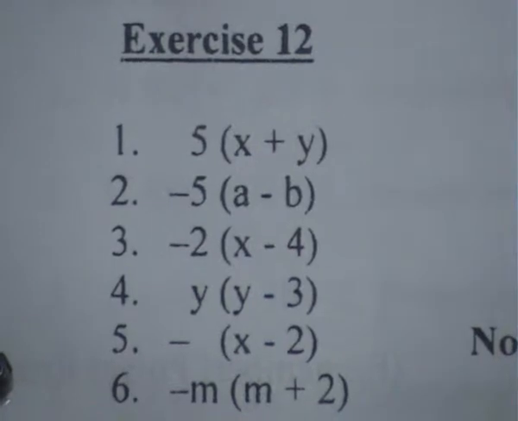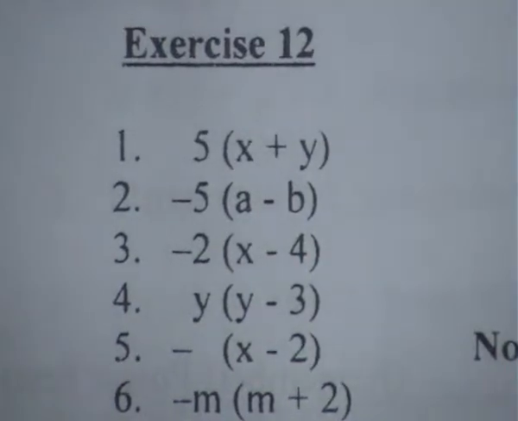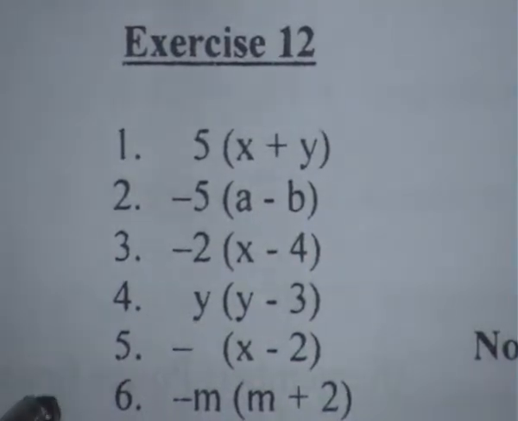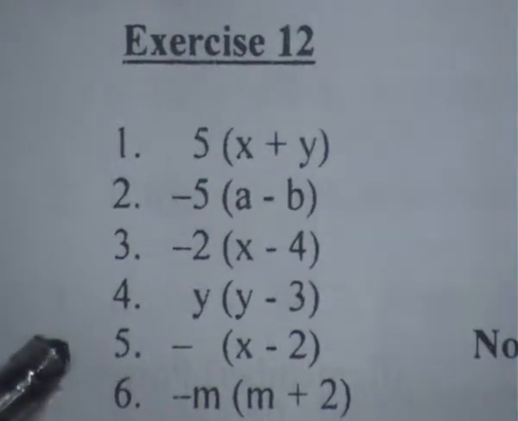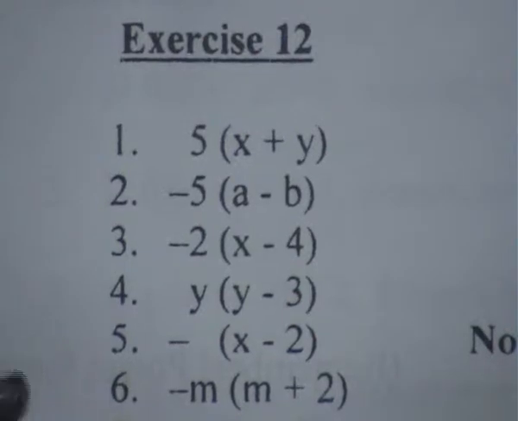Number 5, minus into x minus 2, or the same question can be read like this, minus open bracket x minus 2. Now you must understand that the minus in front of the bracket really means minus 1, because the 1 is understood.